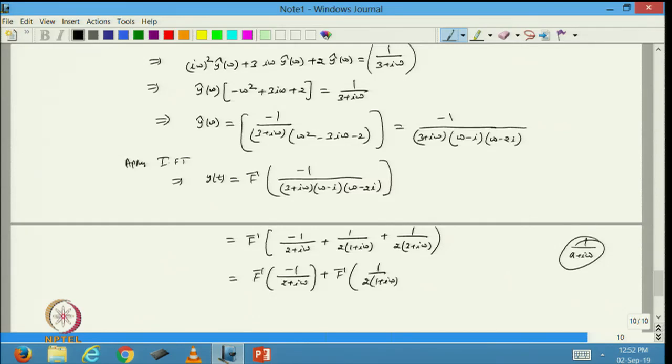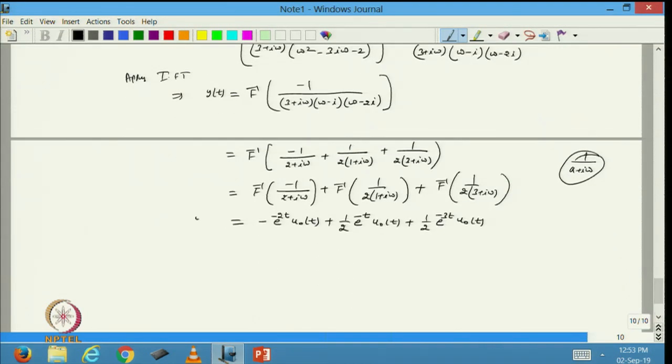1 plus i omega plus i omega. So, this is equal to minus e raised to power minus 2t u naught t, plus 1 over 2 e raised to power minus t, because a is 1 here, u naught t, plus 1 over 2 e raised to power minus 3t u naught t.